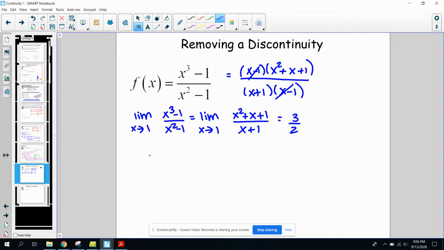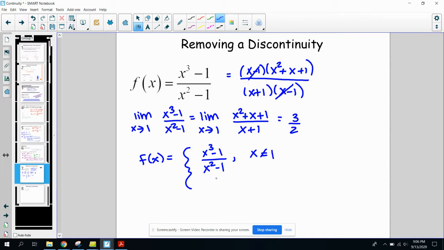So what I'm going to do is I'm going to rewrite this whole function f of x as a piecewise function. So the first part, I'm going to keep the original function, so x cubed minus 1 over x squared minus 1. And I'm going to say that that is going to be where x is not equal to 1. So when x is not equal to 1, we're going to use this function.